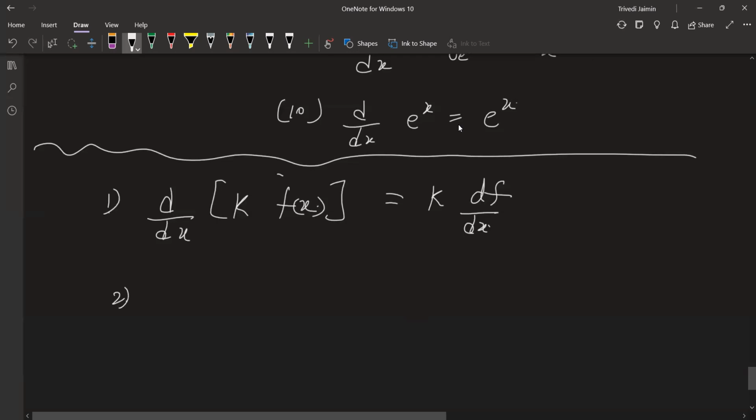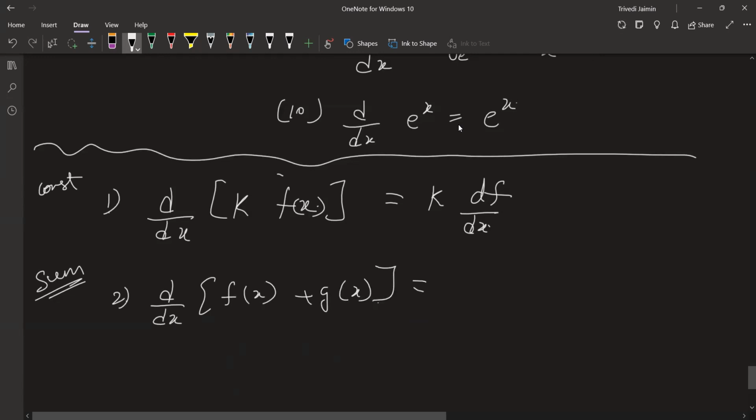Now, sum of two functions means d by dx of f of x plus g of x. These are two functions, so we will differentiate those functions separately. It is in addition.